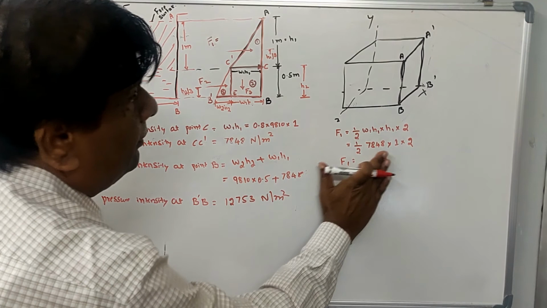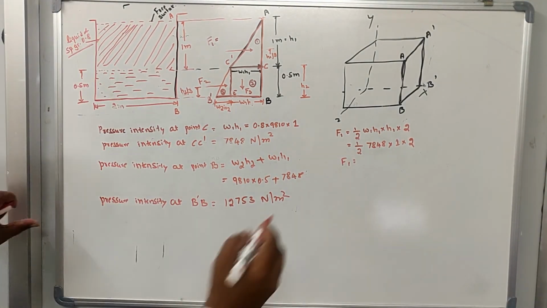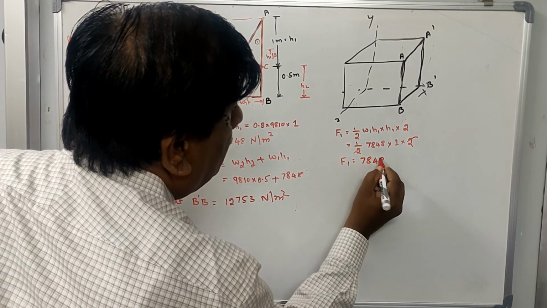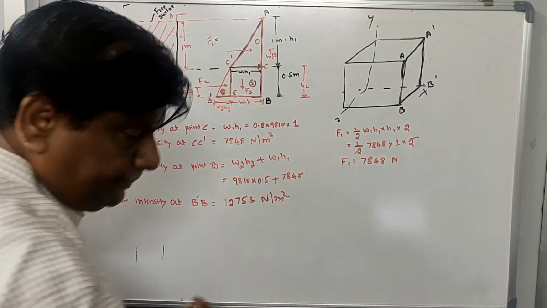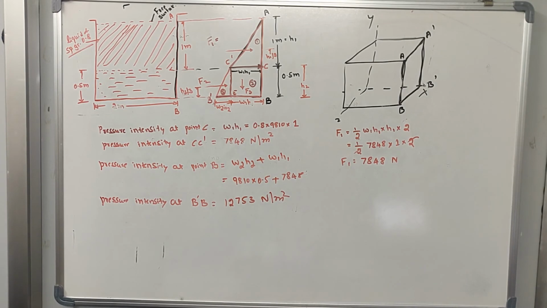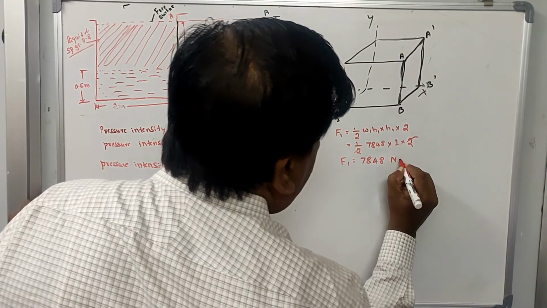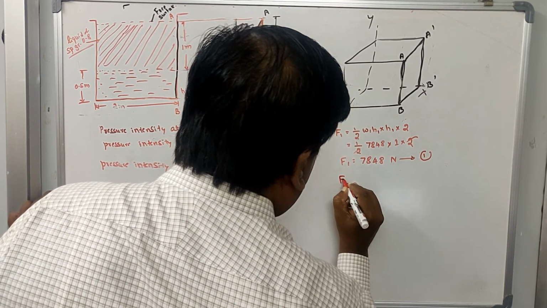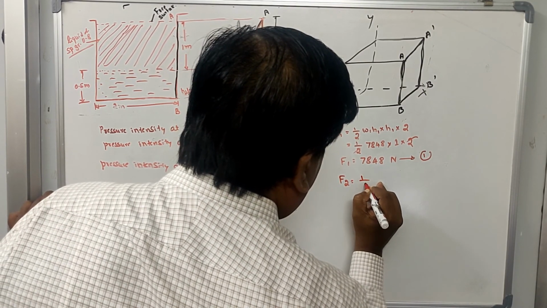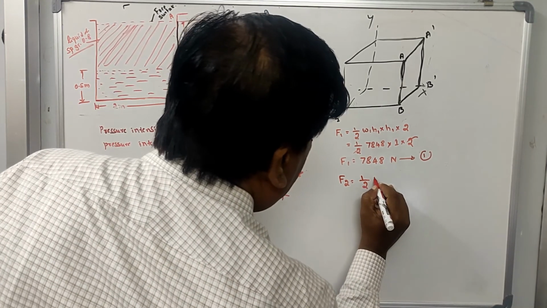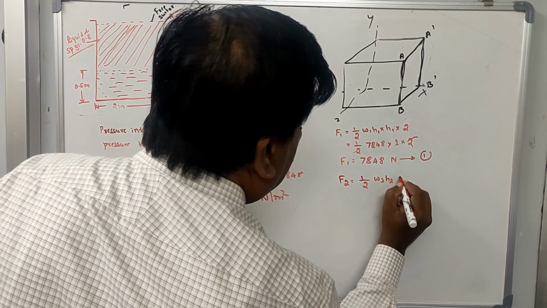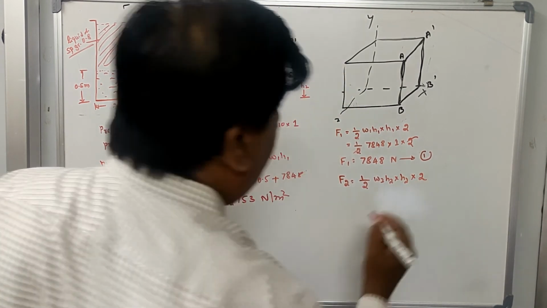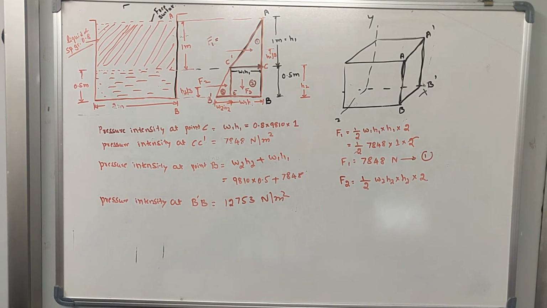Sorry, not 12,753. After the 2 cancels, it is 7,848 Newton. This is equation 1. F2 is equal to, again, half W2 H2 into H2 multiplied by the width of the tank, 2 meter.